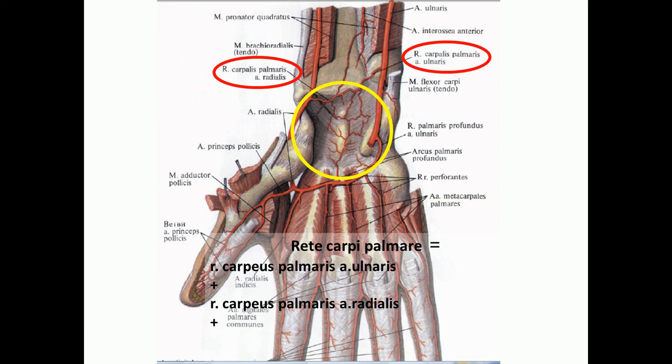And also we can find arteria interossea anterior. Here it is, arteria interossea anterior. And it also communicates with the previous arteries, forming this rete.